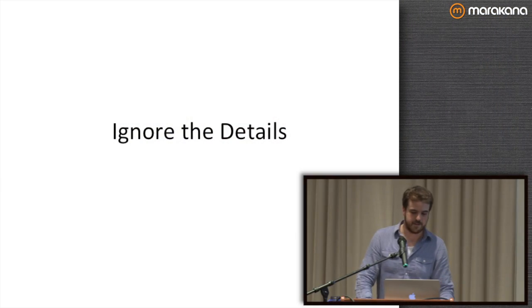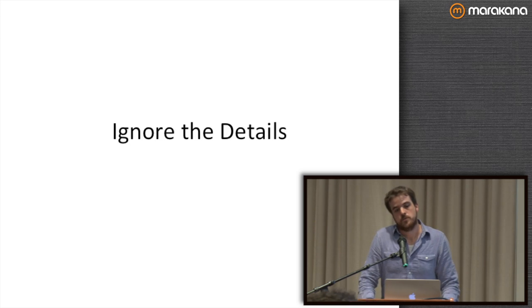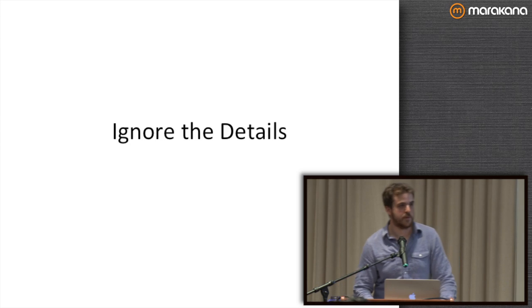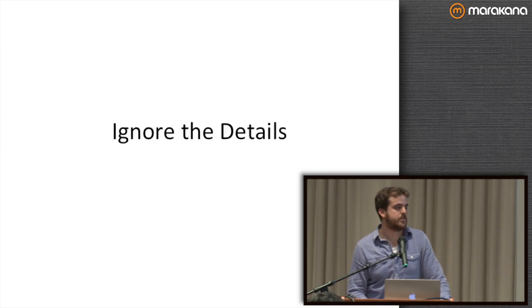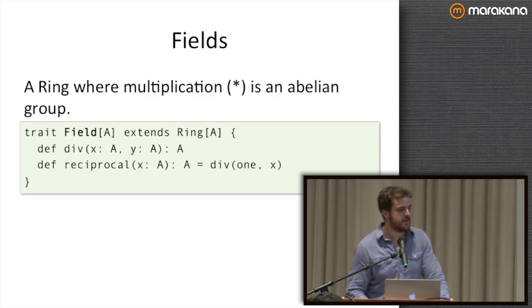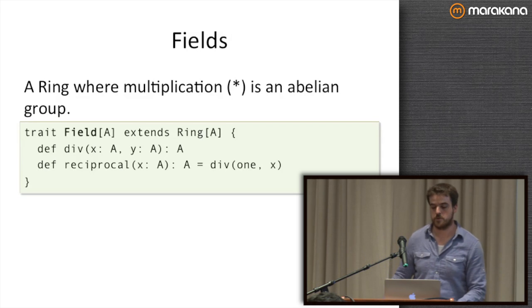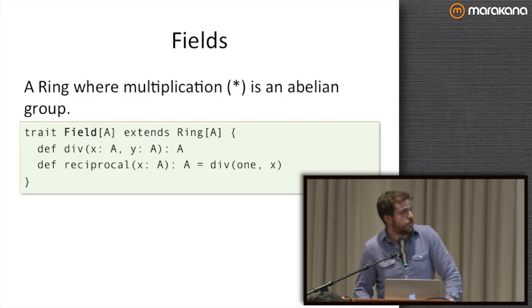So the other thing I'll talk about is this idea of basically just ignoring the details. So it does go back to what we had before, which is that by asking for what you want, like a ring, you don't need to actually worry about integers or doubles or anything else like that. You just worry about the basic properties of what you want. So we'll quickly mention fields.